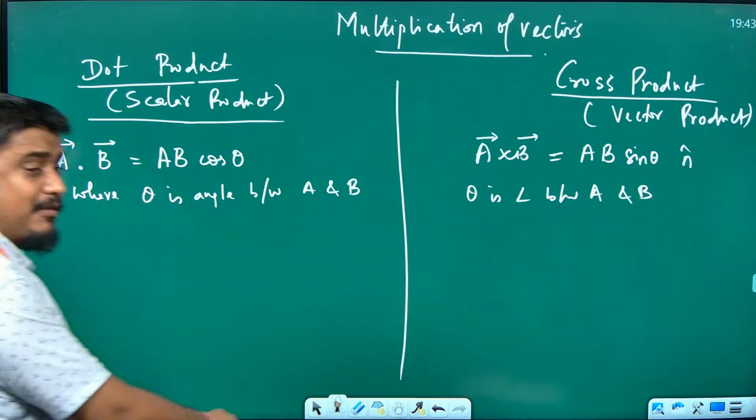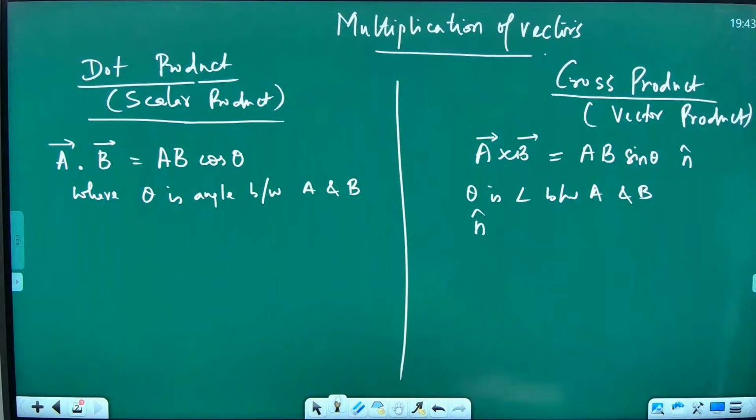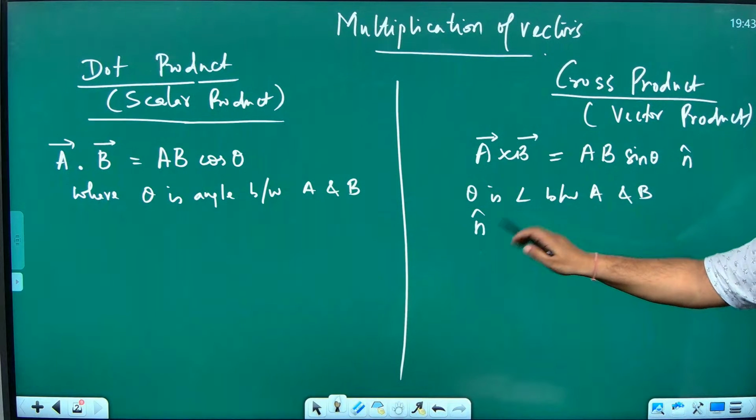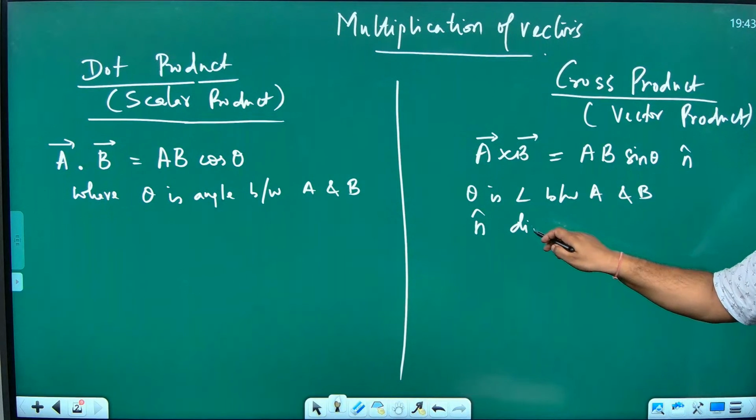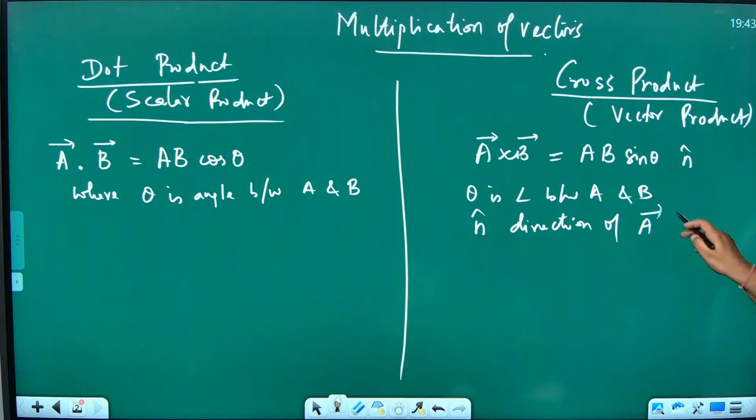Anybody remembers? N cap is not normal. Now n cap is the direction of A vector cross B vector.